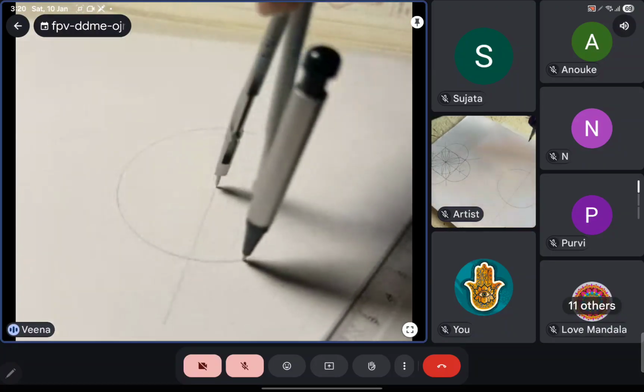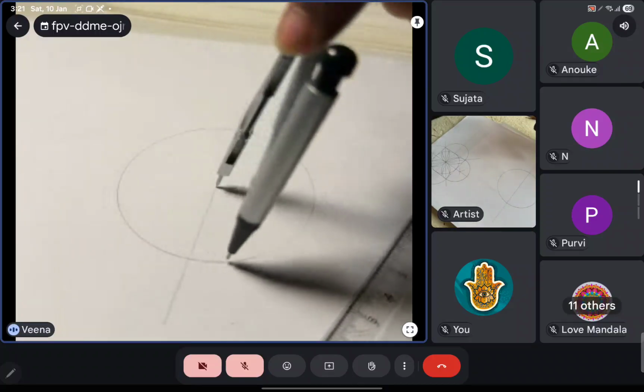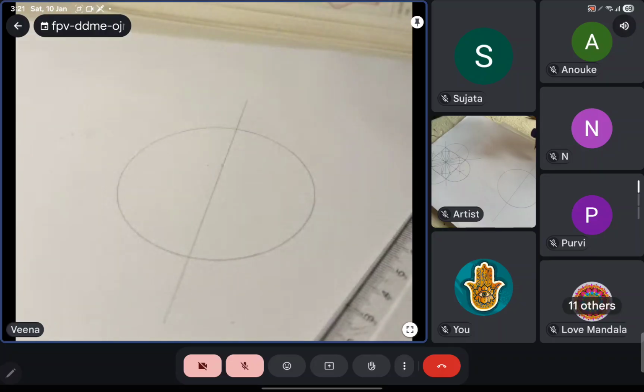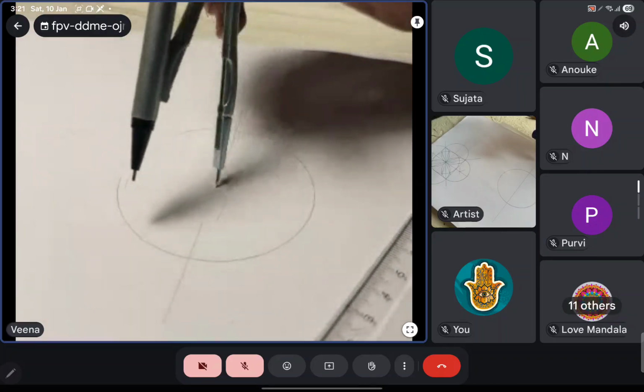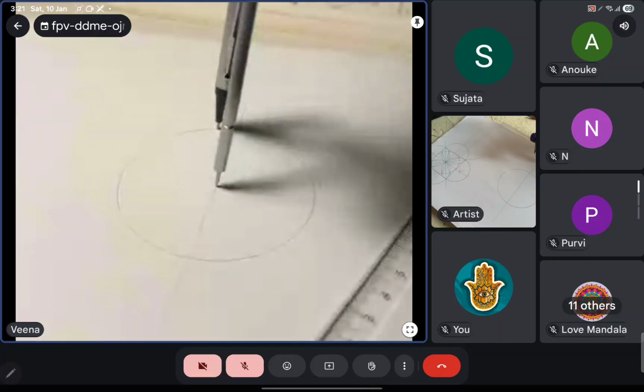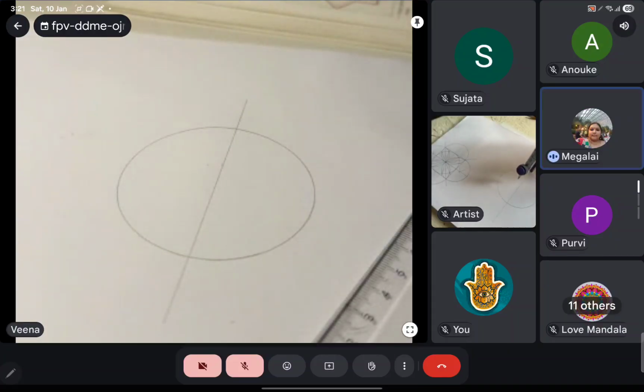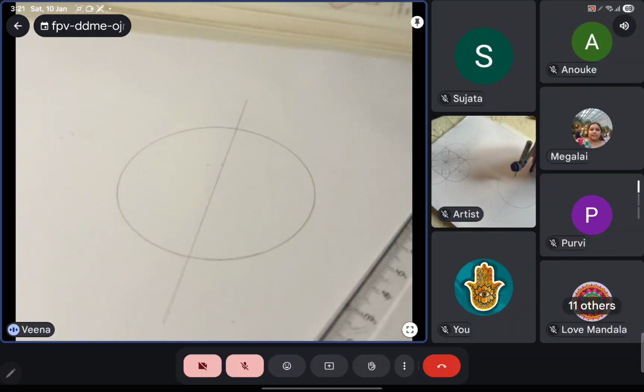I will send you pictures from the book as well. So that will be an interesting read about the history of the pattern. What is the radius? 3.5 centimeter. Okay, thank you.